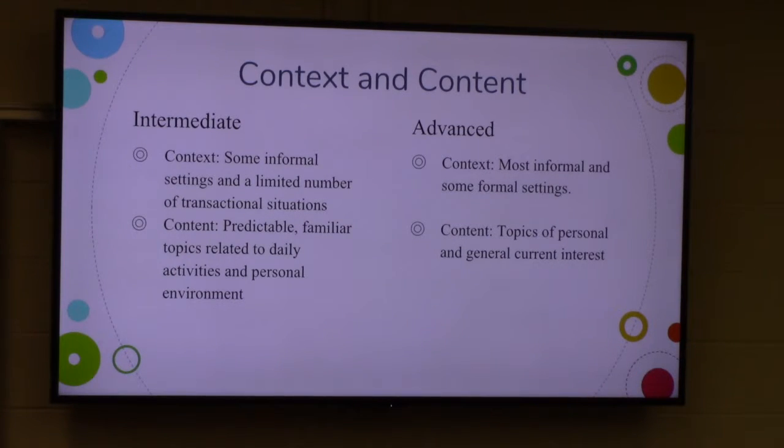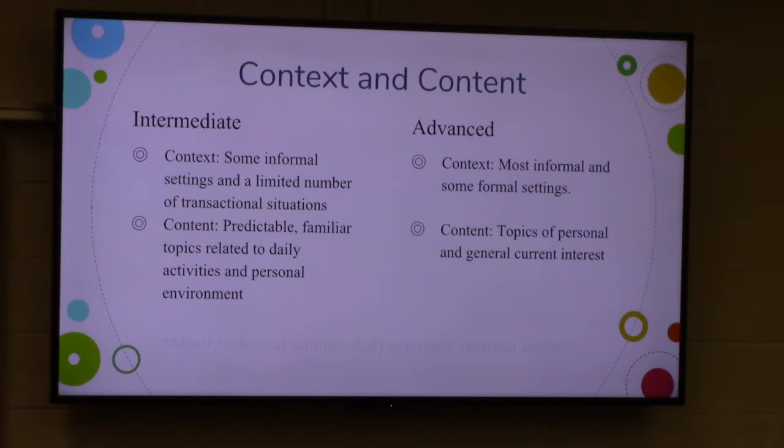That's advanced learning, okay? We usually think advanced learners can deal with most things, no matter if it's formal or informal, but OPI or ACTFL actually defines that they deal with most informal and some formal, okay? For the content, it's topics of personal interests and general interests, okay?